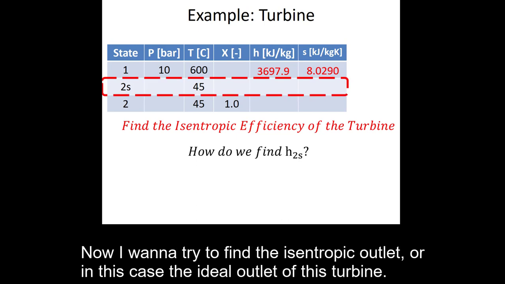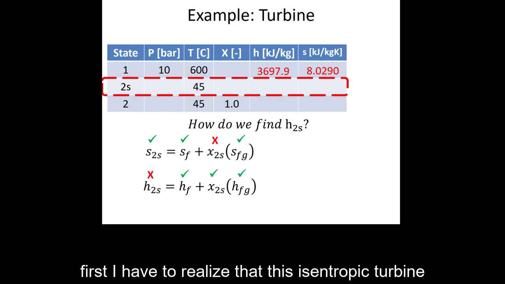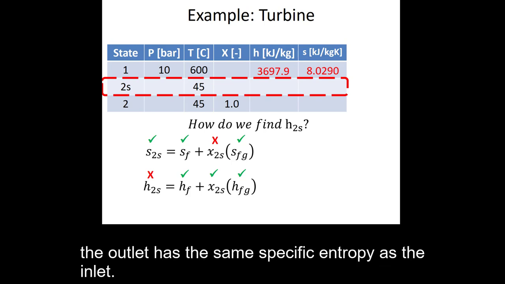Now I want to try to find the isentropic outlet, or in this case, the ideal outlet of this turbine. So if I want to find state 2s, first I have to realize that this isentropic turbine, the outlet has the same specific entropy as the inlet.